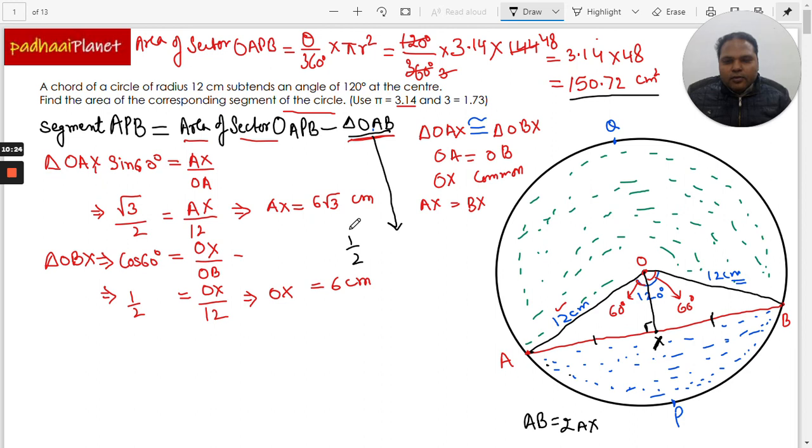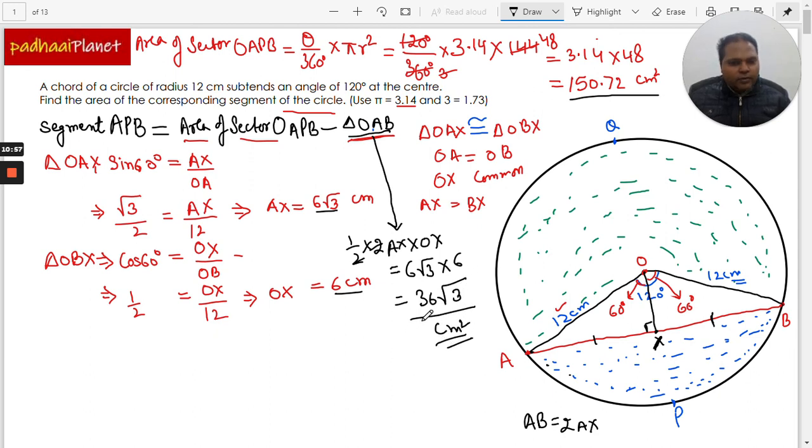So instead of writing AB here, I will write multiplied by 2AX and multiplied by OX. 2 gets cancelled here, and AX is 6 root 3 multiplied by OX, which is 6, so this is 36 root 3, the area of the triangle.